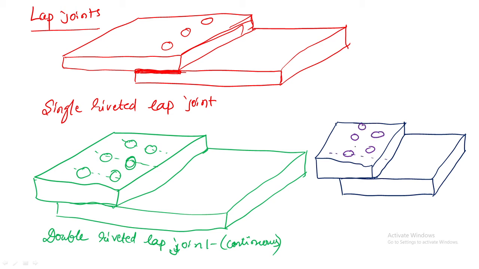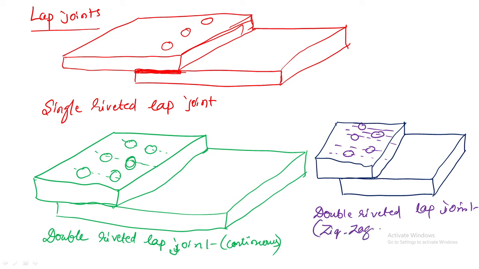That means the rivets' positions are altered here. Now this is called a double riveted lap joint, zigzag riveting. Clear? Lap joints.